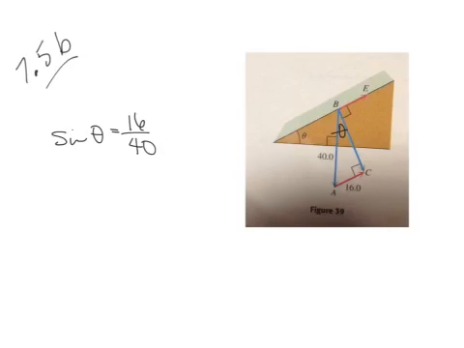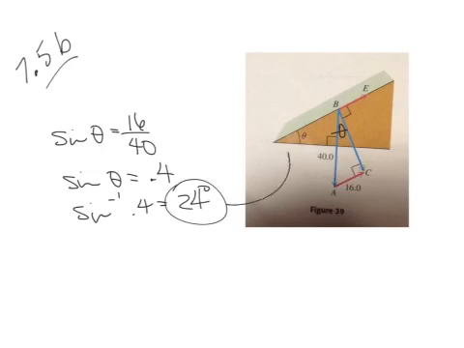So 16 over 40 is going to be 0.4. So sine of theta equals 0.4. And then if we take the arc sine of 0.4, we will get our angle, and that's going to be around 24-ish degrees. And that's it for that one.